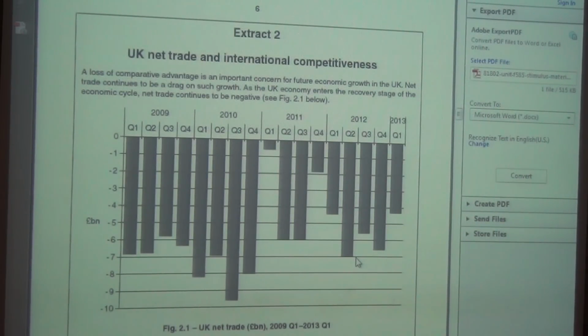Worth pointing out obviously that that is in deficit for each and every quarter, and obviously 2010 there, if you do a cumulative total of each of the quarters, you'll find that that one is the worst. You should find that the cumulative quarters for every year, they'll be in and around the sort of 25 to 30 billion pounds mark in terms of the value of the deficit.